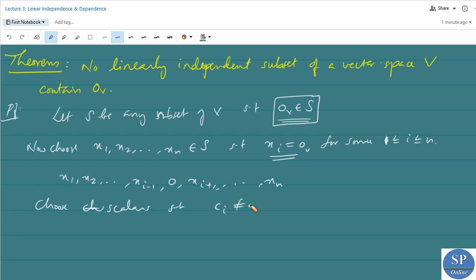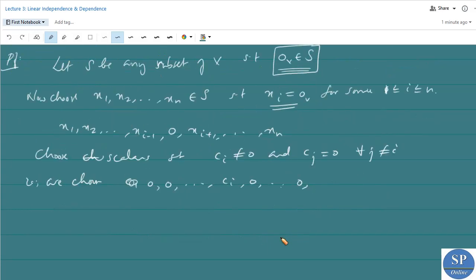Now we can choose scalars such that ci is not equal to 0 and cj is equal to 0 for all j not equal to i. That means we can choose c1 = 0, c2 = 0, etc., ci non-zero, and the others zeros. So what about the linear combination c1 x1 + c2 x2 + etc. + ci xi + etc. + cn xn?